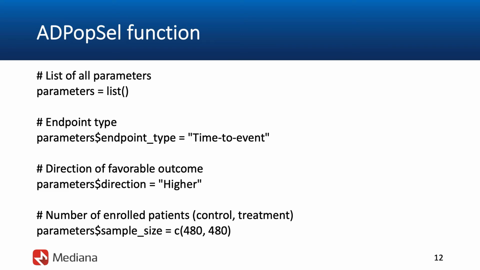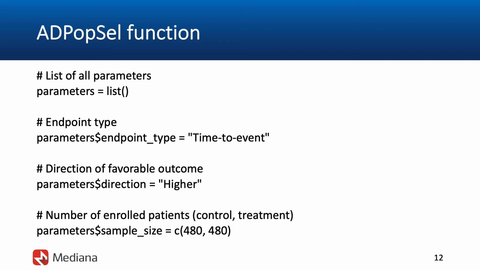The first required parameter, just like in other examples we went over back in parts 6 and 8, is the endpoint type. As I said a few minutes ago, the primary endpoint in this case study is measured as the time from patient's randomization to an important event, which is either disease progression or death, and therefore this endpoint type would be time to event.